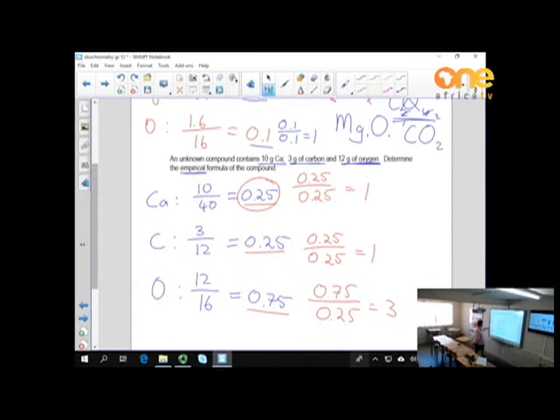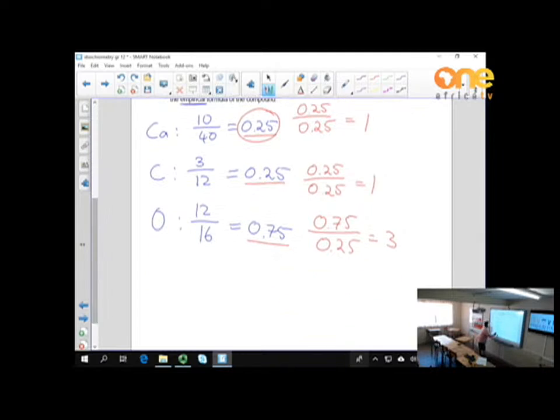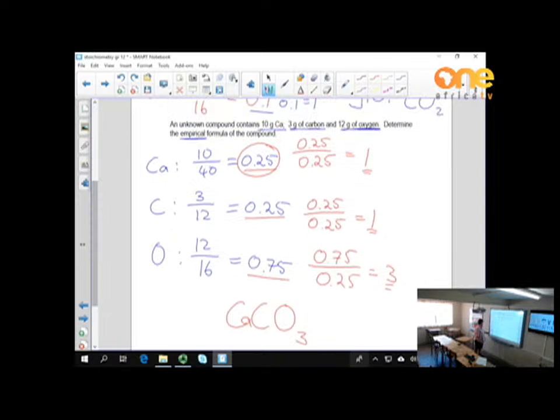So what is the formula of my compound? I have calcium and carbon and oxygen. I have 1 calcium, I don't show the 1. I have 1 carbon, I don't write a 1. And I have 3 oxygen. So what do I have? Calcium carbonate. Okay?